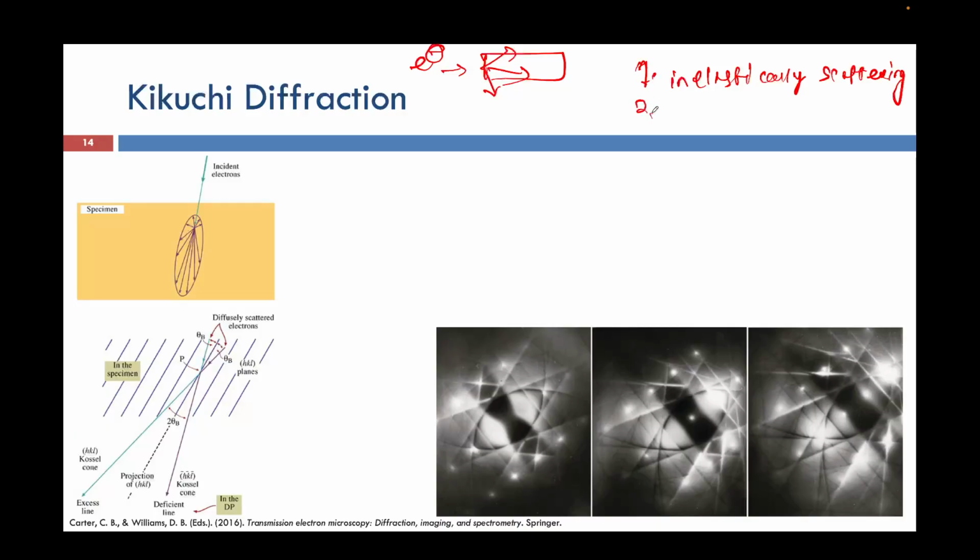Then the next scattering that will take place, this is also possible, is elastic scattering. So the electron beam will be first inelastically scattered and followed by elastically scattered, then there will be a diffraction pattern generated, that is known as the Kikuchi diffraction pattern.